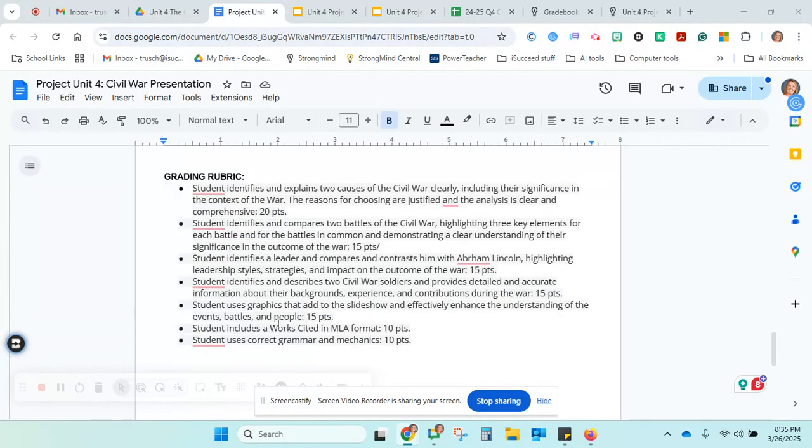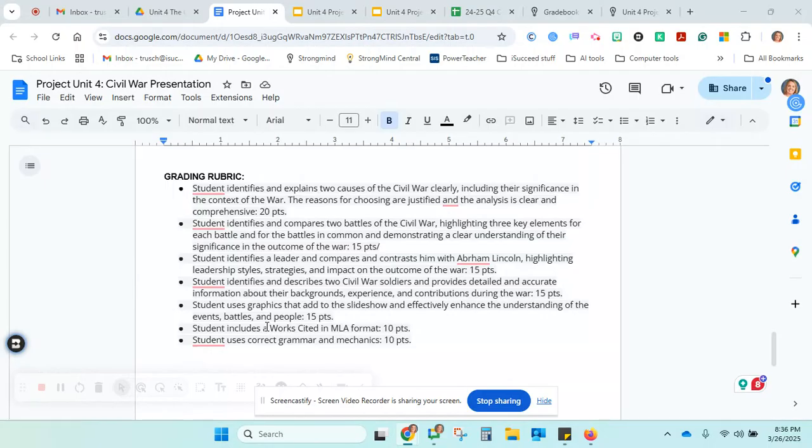So here's your rubric. You need to identify and explain the two causes of the Civil War clearly, include their significance in the context of war. Reasons are justified and the analysis is clear and comprehensive. You need to identify and compare two battles of the Civil War, highlighting three elements for each battle and for the battles in common, and demonstrating a clear understanding of their significance in the outcome of the war.